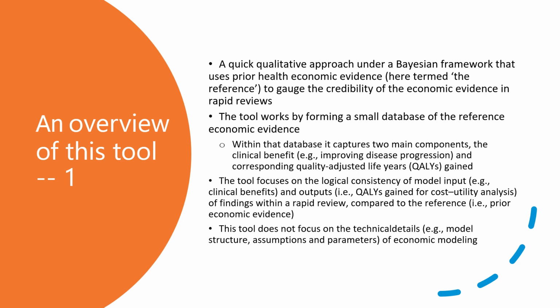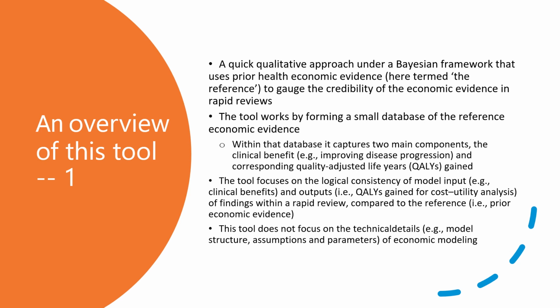This tool allows for an efficient qualitative approach, under a Bayesian framework, using prior health economic evidence, termed the reference for the purposes of this work, to gauge the credibility of the rapid economic review's findings. The tool works by forming a small database of the reference economic evidence. Within that database, it captures two main components: the clinical benefit, such as improving disease progression, and corresponding QALY gain.